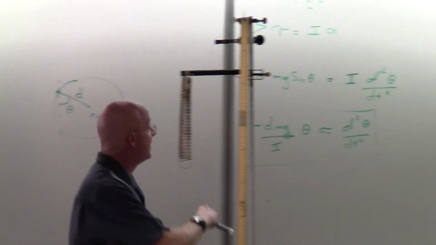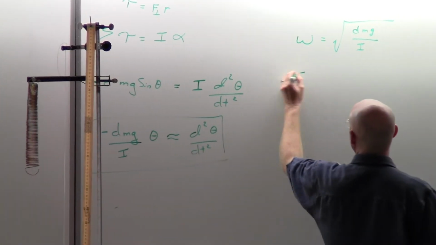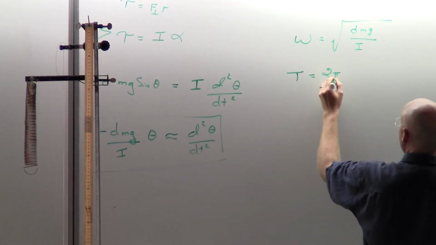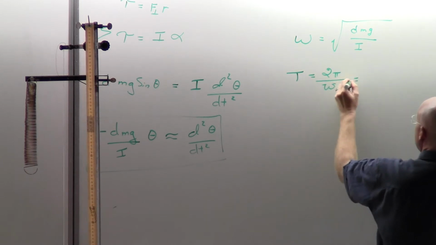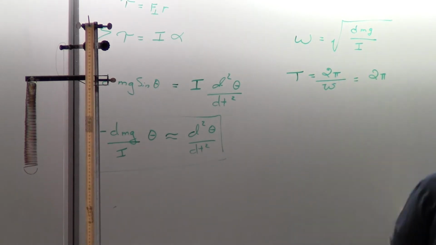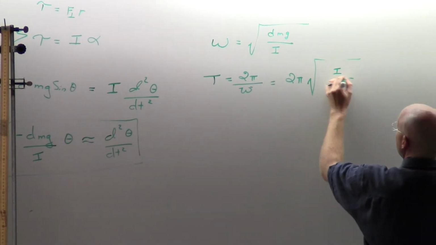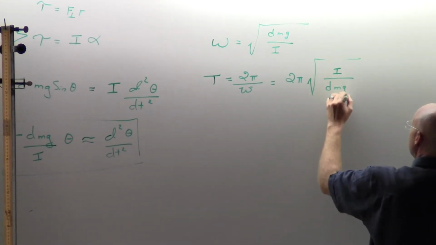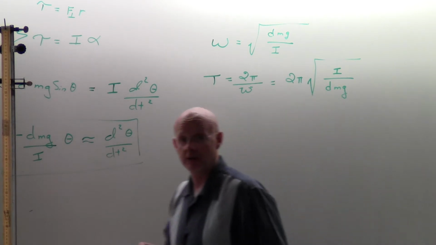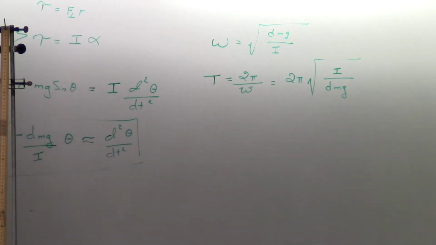So what's the period of this physical pendulum? Well, it's 2 pi over omega. 2 pi, and then the reciprocal of omega would be the square root of I over dmg. Okay? And so that's the equation for the period.